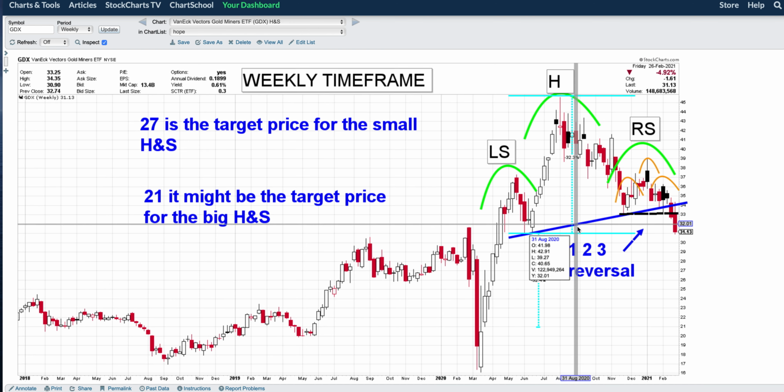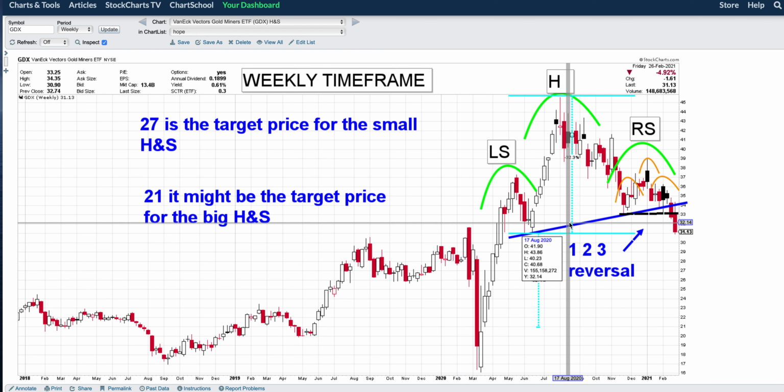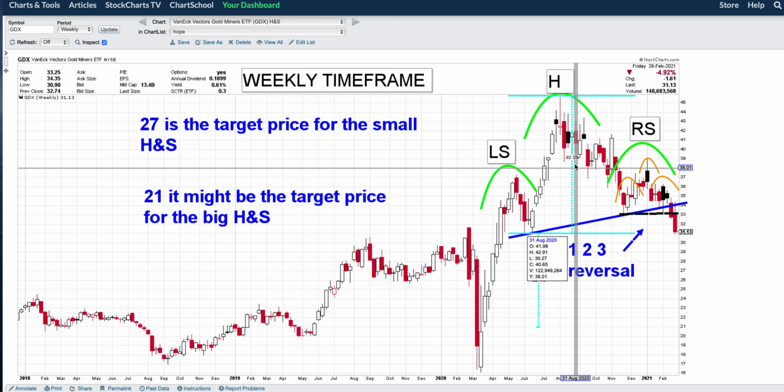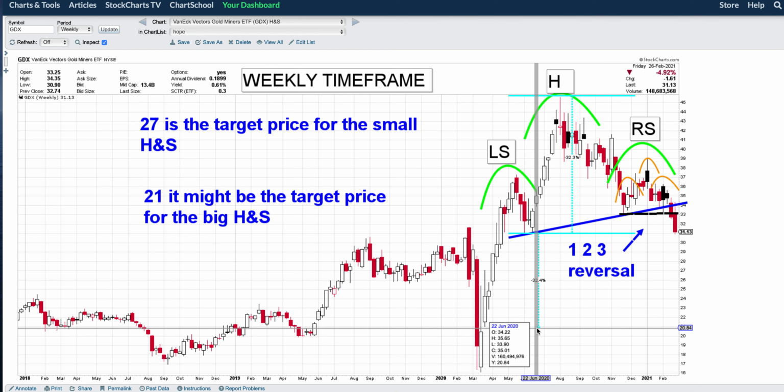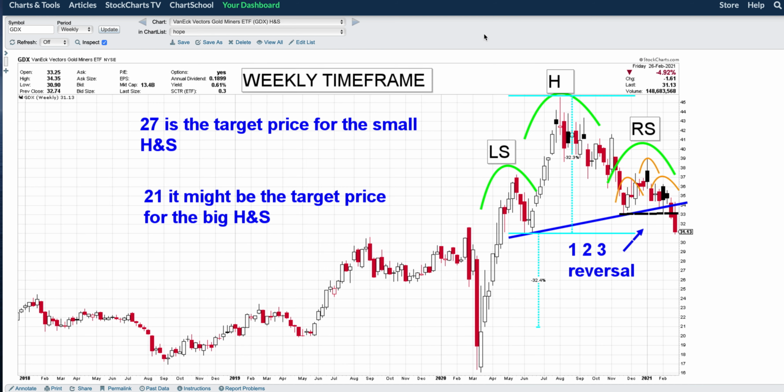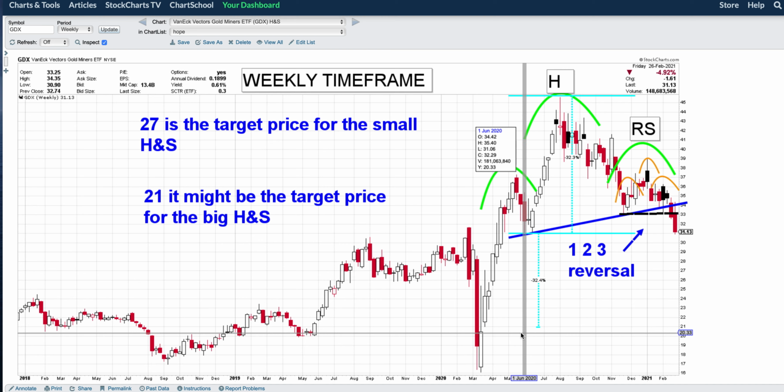But I'm with people that do it percentage wise. So 32% from here, it might go all the way to 20.21. Okay, so this big pattern formation will give you a price target.